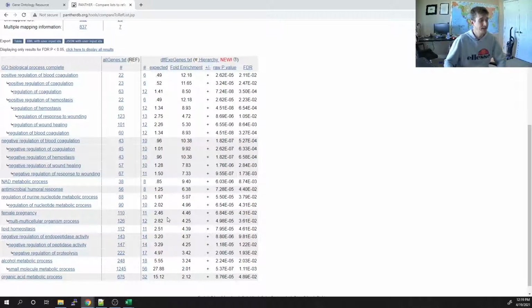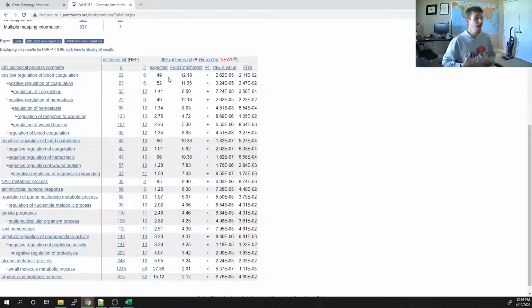The types of genes that seem to be affected when we put a turtle in salt water for a little too long. And so again, for all these terms, we have these several columns, right? We have the genes, all genes.txt, that's the reference file, and how many genes had this term. So 22 genes out of 11,000 had this positive regulation of blood coagulation term attached to it.